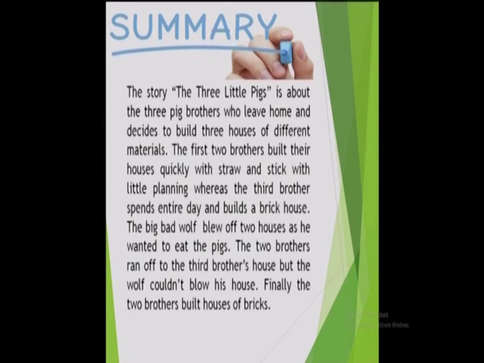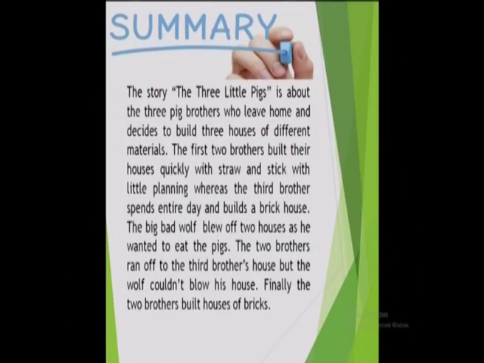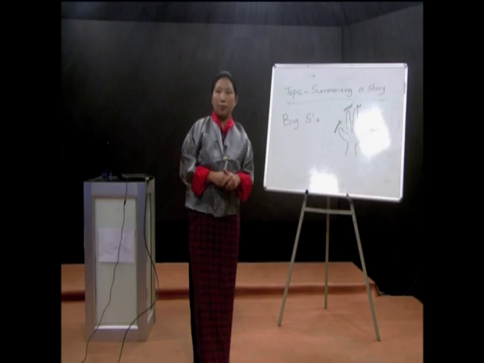I'm sure you might have followed the guidelines and used those Big Fives to write the summary. If you're following those Big Fives and the guidelines that we discussed in the earlier session, I'm very sure that you might have an amazing summary.